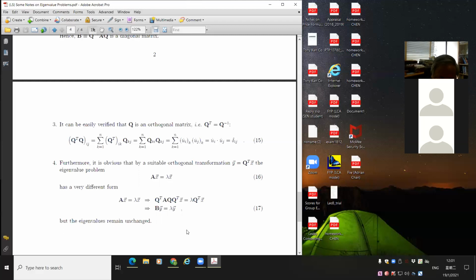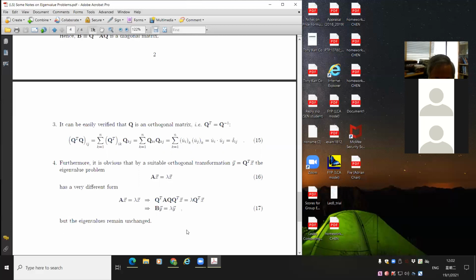In other words, the orthogonal transformation will not change the eigenvalues of the original eigenvalue equation, or will not change the eigenvalues of A. So this is a very important property of orthogonal transformation.